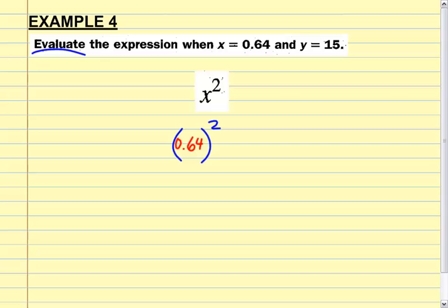What is 0.64 squared? That is true. He has made a true statement. He said that it is 0.64 times 0.64.